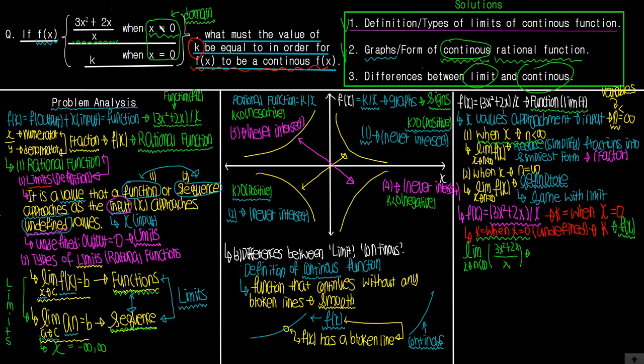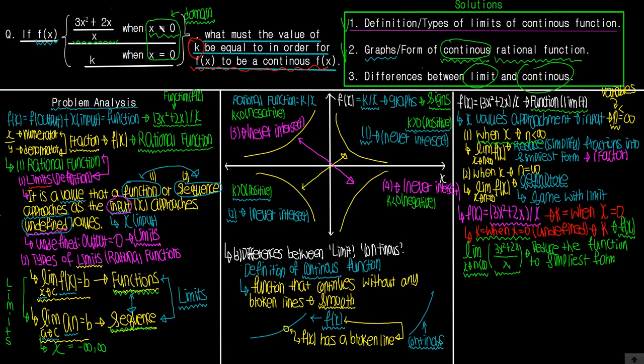We know that the x value is approaching a number that is less than infinite. So all you have to do is reduce the function to the simplest form, and all I have to do is factor. So let's think about how to factor 3x squared plus 2x over x.